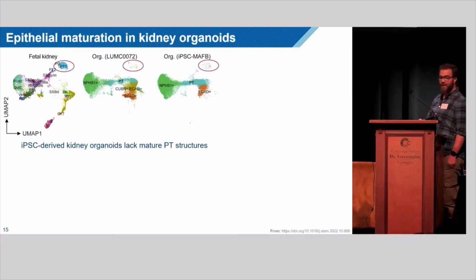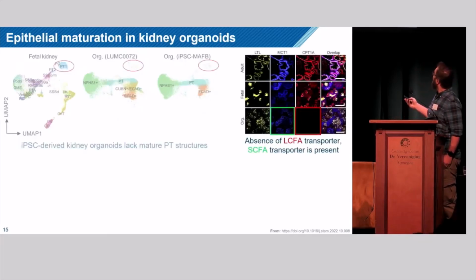We decided to feed these cells with regular linoleate, and that didn't work in creating any mature proximal tubules. We then found out why: one of the long-chain fatty acid transporters essential for getting the fatty acids into the cell is missing.